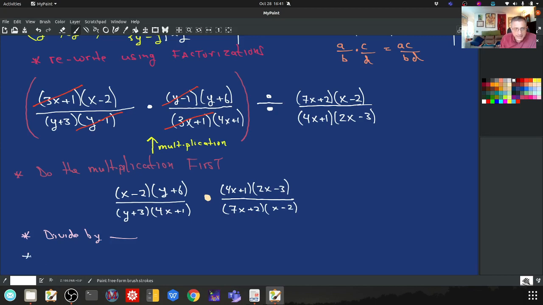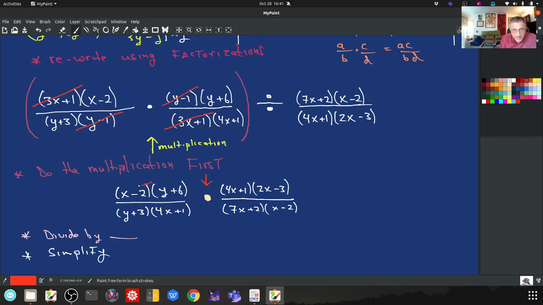And then the next thing I'm going to do is I will tell you to simplify in some order. So again, since this is multiplication as well, I can do what I'm about ready to do. So I'm going to start with x minus 2, and I'm going to look to see if there's an x minus 2 factor in the bottom, and there is right there.